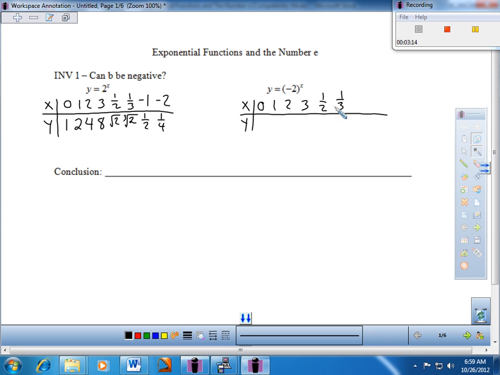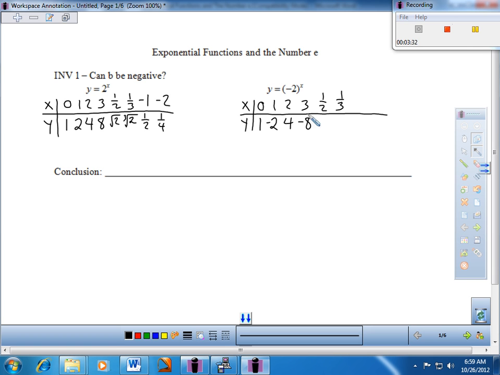So first and foremost, I see negative 2 to the 0 should be 1. Negative 2 to the first is going to be negative 2. Negative 2 to the second is going to be positive 4. Negative 2 to the third is going to be negative 8. And you can see already, just as I go left to right on my table here, from 0 to 1 to 2 to 3, my values are actually fluctuating. I've got a positive 1, then down to negative 2, then up to positive 4, then down to negative 8.